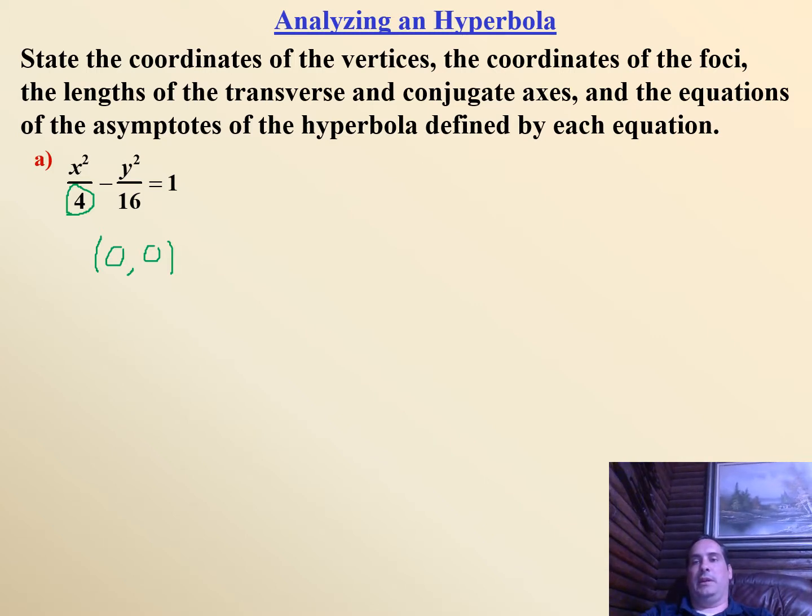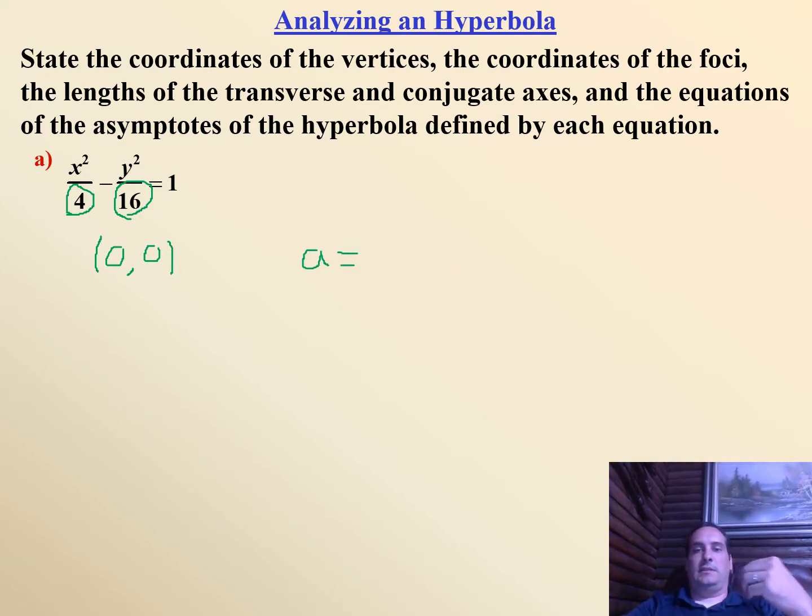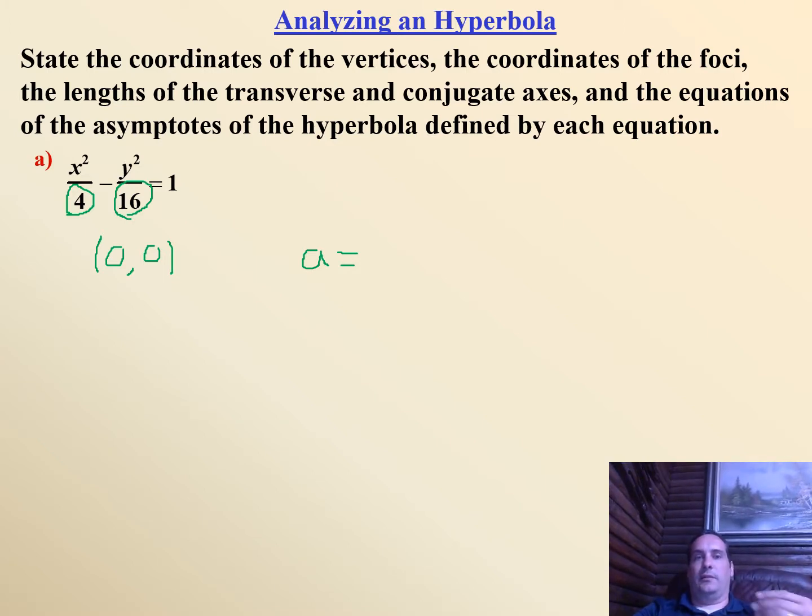My B value is going to be 4, because I take the square root of 16. So A is the distance between the center and the vertex, which is 2, and my B value is going to be 4.